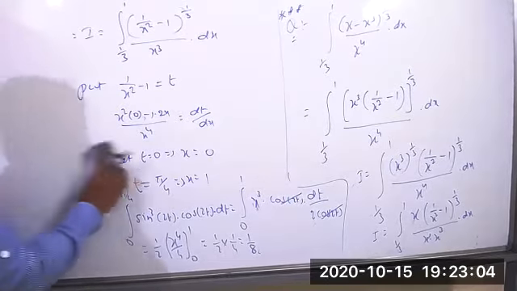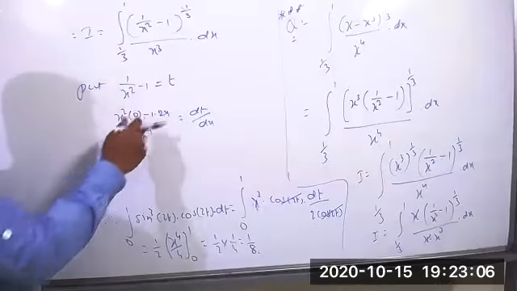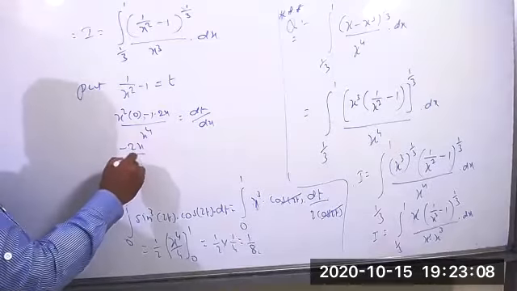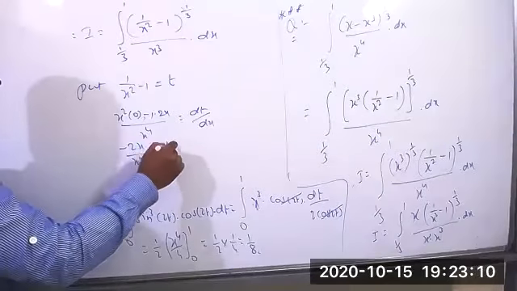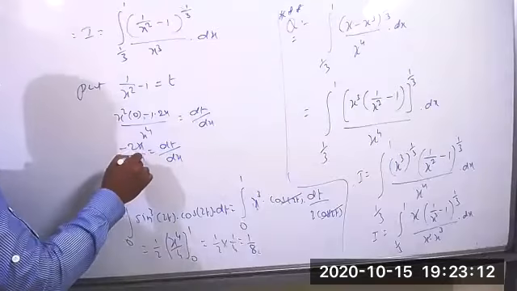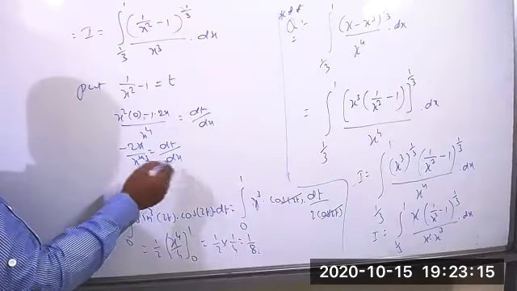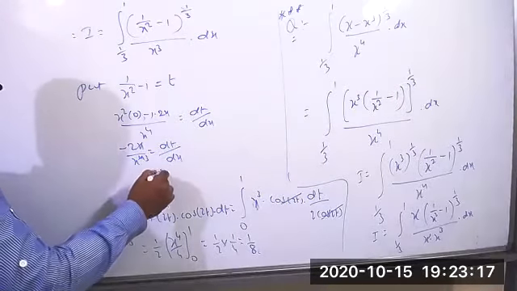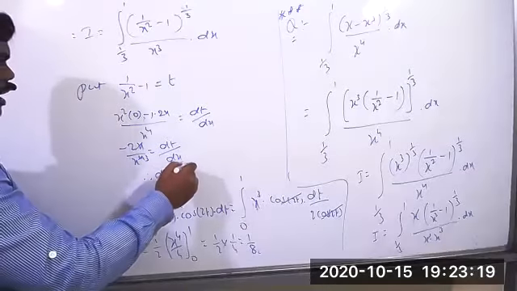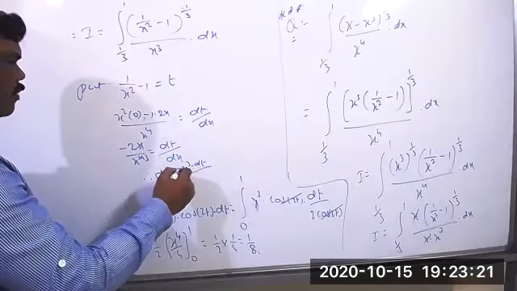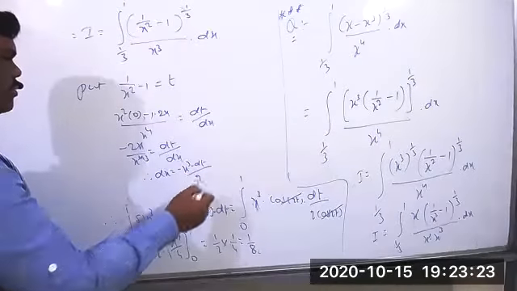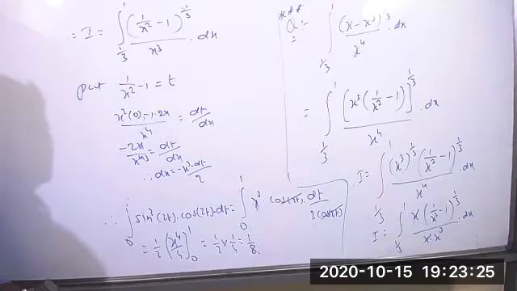X square into 0 equals 0. So minus 2x by x power 4 equals dt by dx. So therefore the value of dx is equal to minus x cube into dt by 2. That value you can substitute in there.